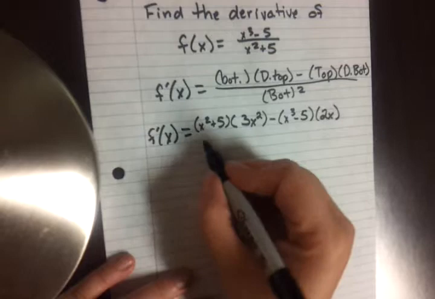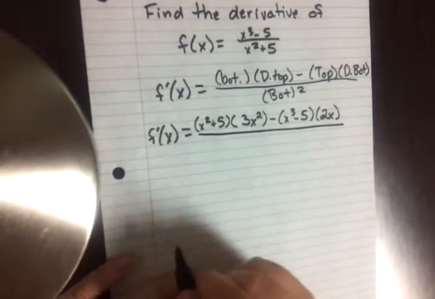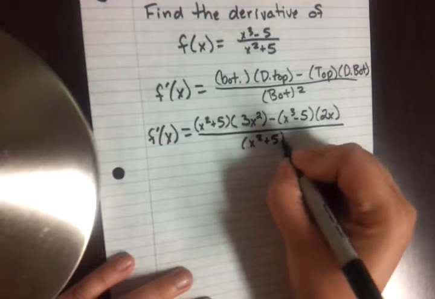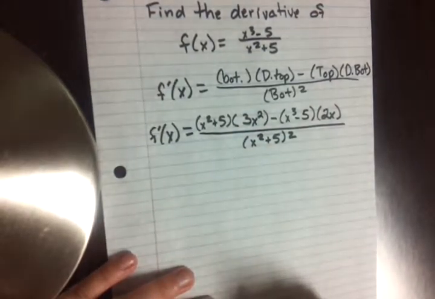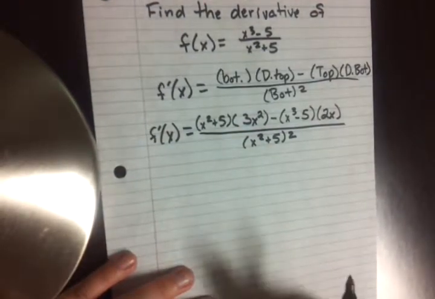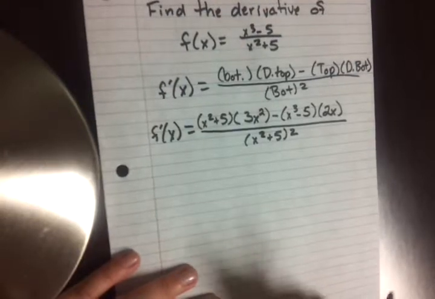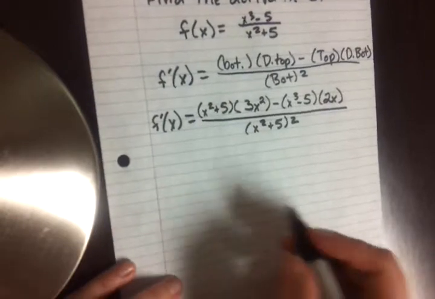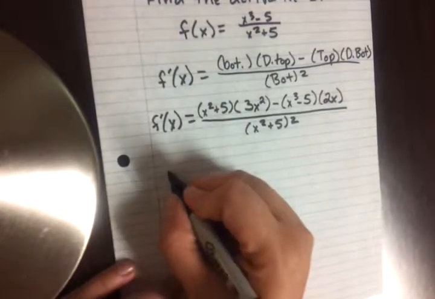So we've got that, and then we need to put that all over whatever was on the bottom squared. So that's x squared plus 5 squared. And lucky for you guys, we don't even have to touch that for the rest of the problem. We'll just keep writing that in our denominator. But we do need to simplify the top a little bit, see what we can do to clean that up.